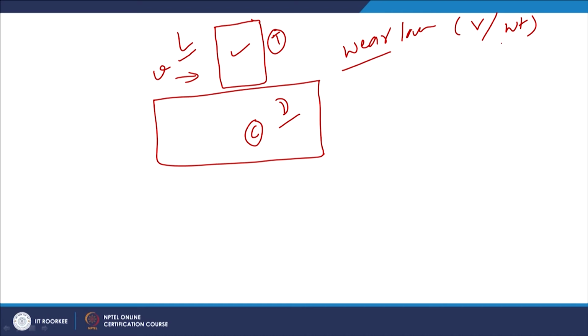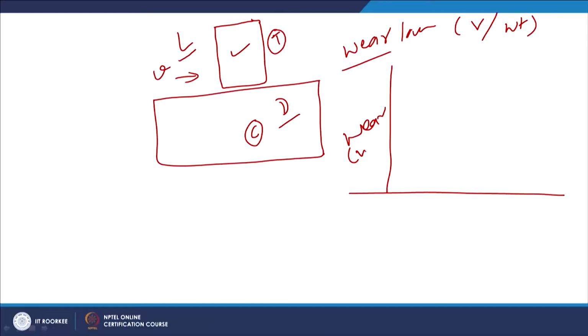As a function of time, if the sliding continues for a longer period over longer distances, we try to see the way by which the wear or the material loss from the functional surface takes place, say in mm³, as a function of the sliding time, or for a given sliding speed there will be a sliding distance.